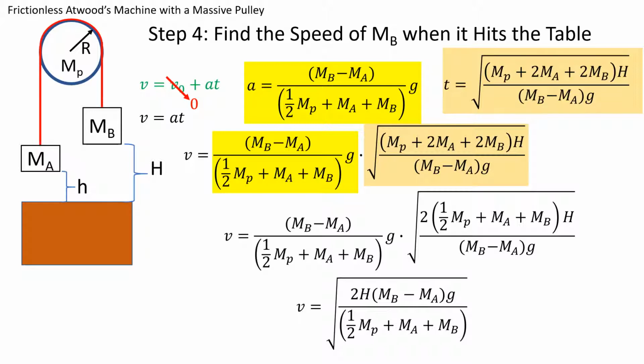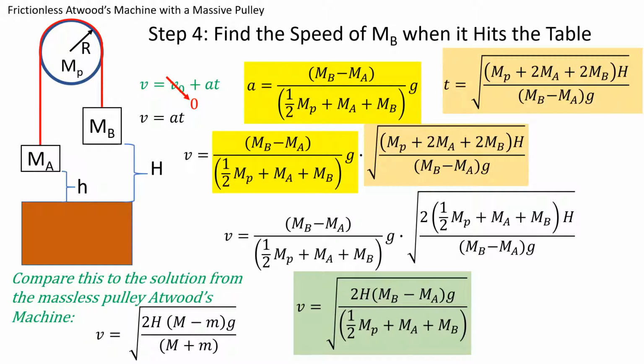So we have that v equals the square root of 2h times (mB minus mA) times g over (1/2 mP plus mA plus mB). This is the final answer to our problem, but one last thing, we want to compare this to the solutions from the massless pulley Atwood's machine. So there we had v is the square root of 2h (big M minus little m) times g over the sum of the masses.